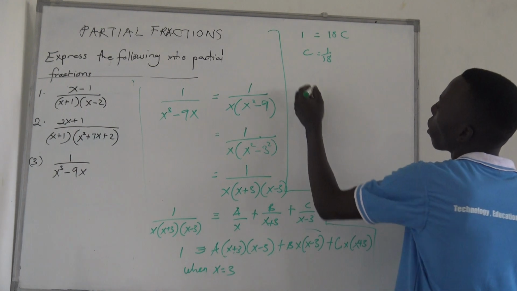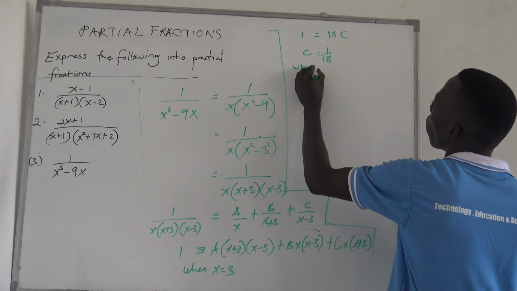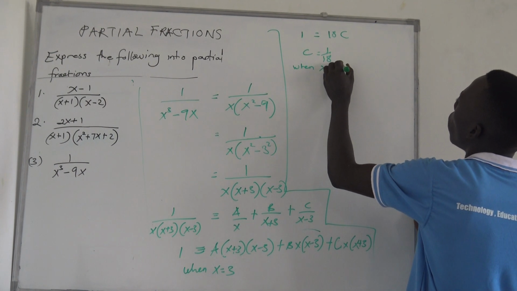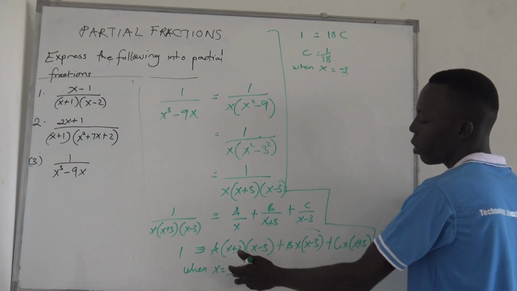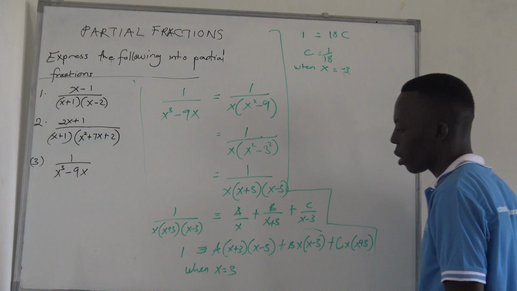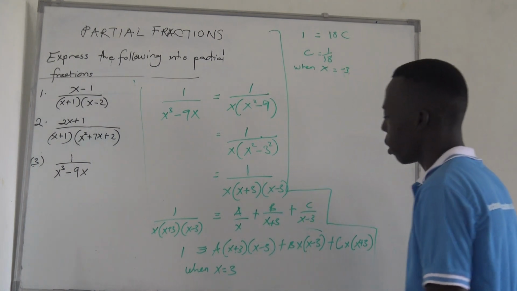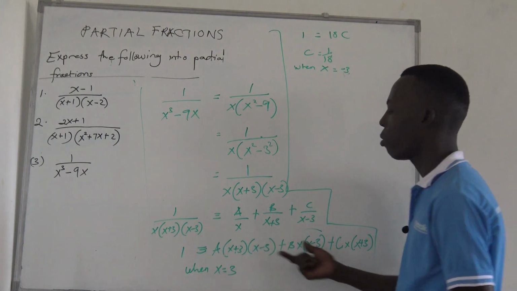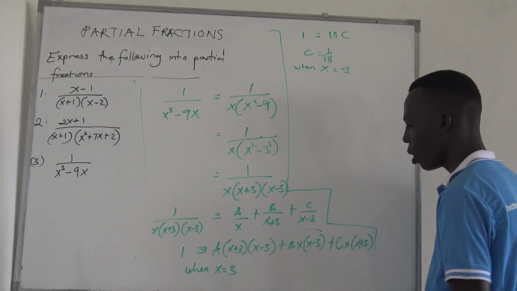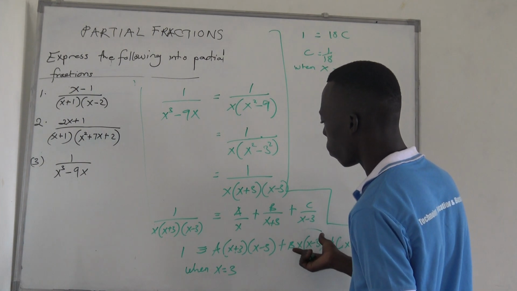Now let us also consider when x is negative 3. When I put it in, everything will go to 0, and this one will also go to 0, so I remain with only this.